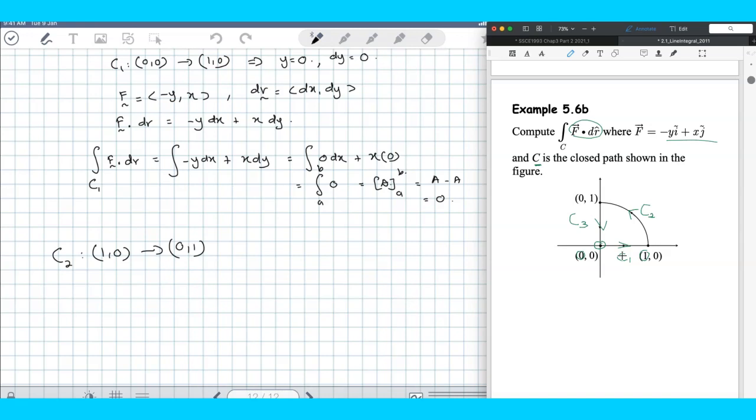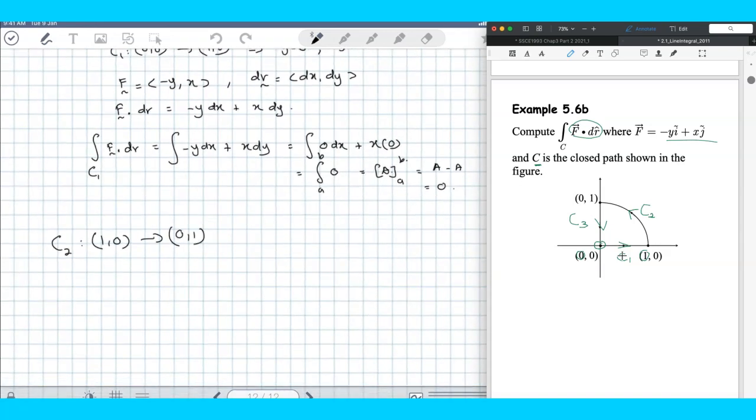For C2, we look at the value of x: x goes from 1 to 0 and y goes from 0 to 1, meaning that x and y are both changing. So C2 is actually part of the circle.